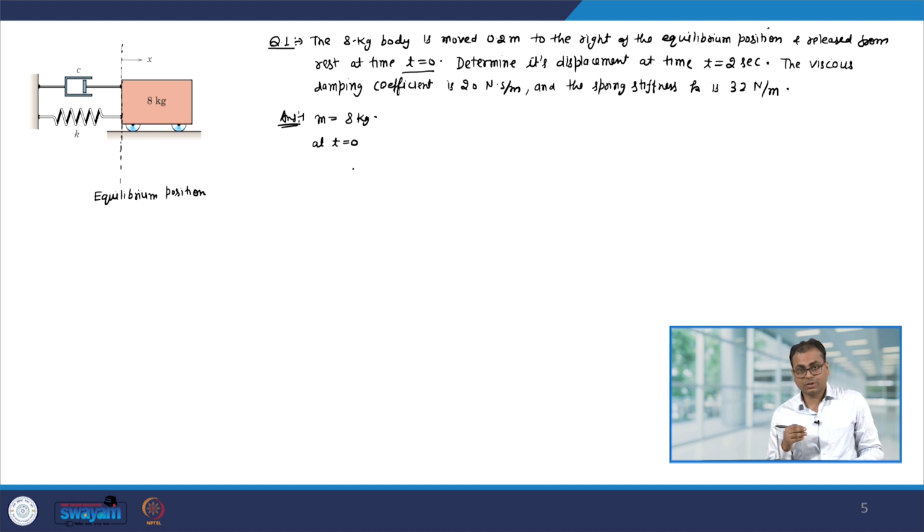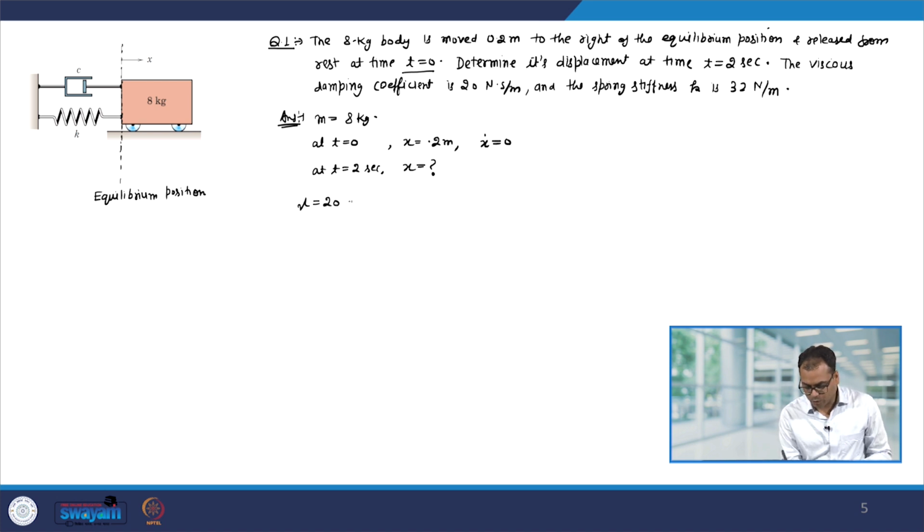So, therefore, x dot will be 0 and it is moved by 0.2 meter. So, x is equal to 0.2 meter and x dot is equal to 0. In the question we have been asked to find out at t equal to 2 second what is x, okay, and it is given that damping coefficient is 20. So, gamma is equal to 20 and k is equal to 32.